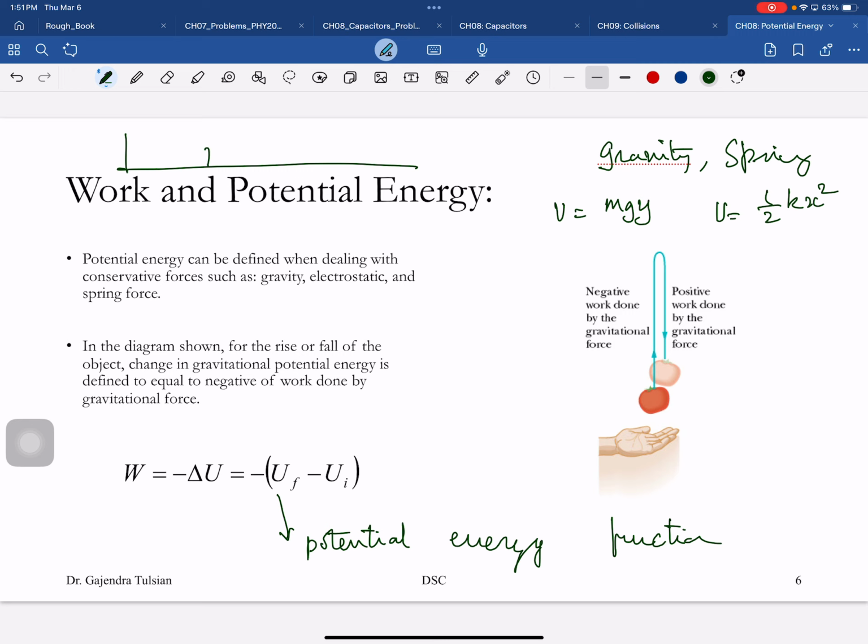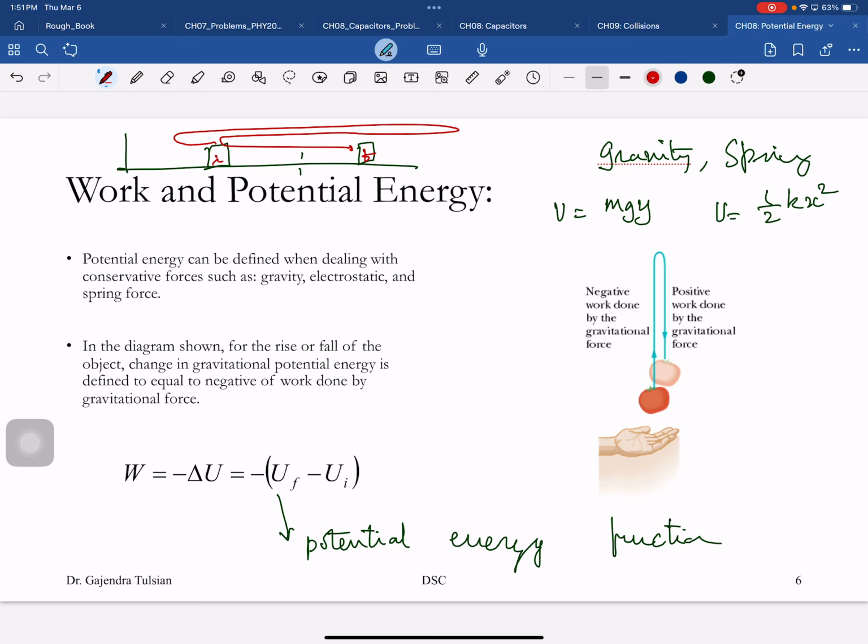Let's say here's a spring, here's the equilibrium position, and then you messed with the spring, you pushed it around, and there's the initial point, there's the final point.